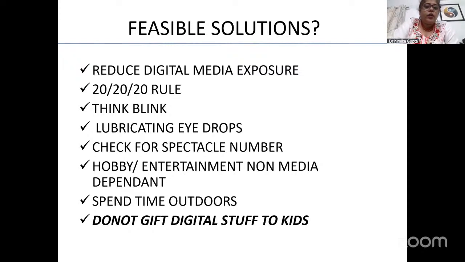In the unavoidable circumstances, the 20-20 rule: for every 20 minutes of screen time, take a 20-second break. Look at an object 20 feet away. Think, blink, frequent blinking, lubricating eye drops, check for spectacle number, and have a hobby or entertainment which is non-media dependent.